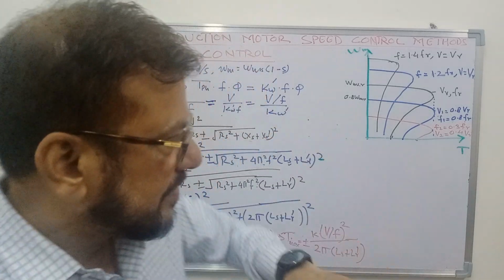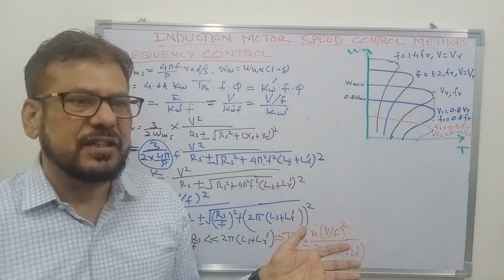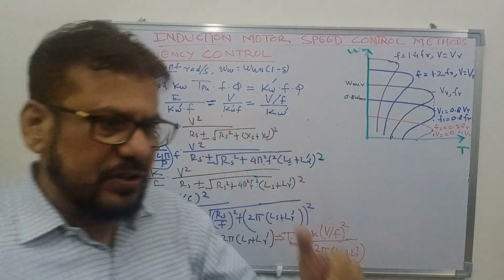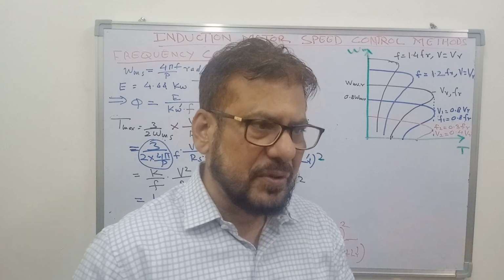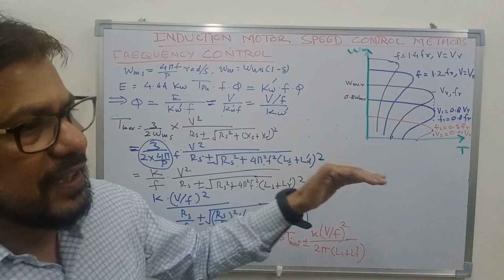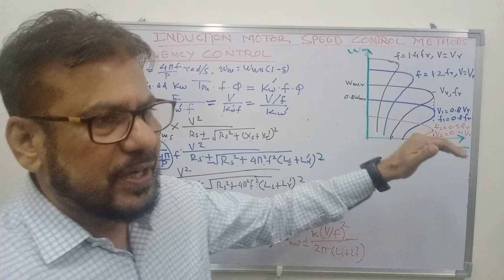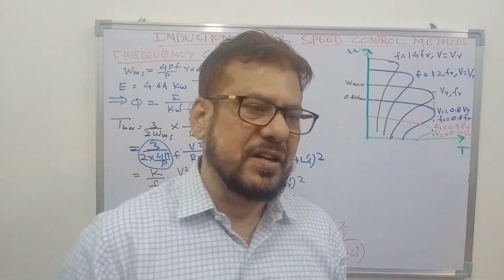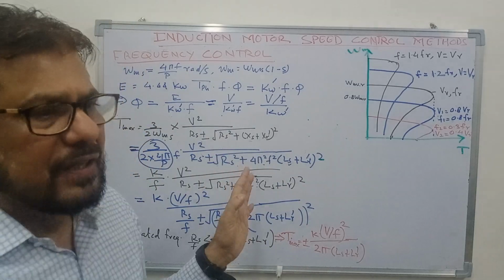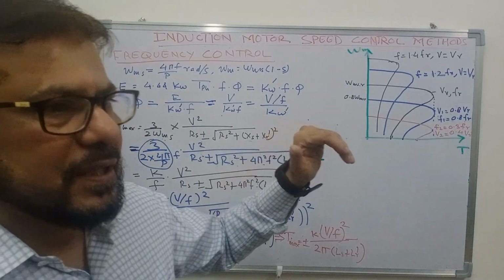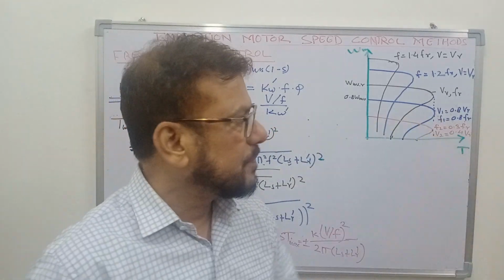This means that there is an excellent method of starting the induction motor. You reduce the frequency and voltage also to some extent. That will increase the starting torque, but it will decrease the starting current. So when we are having this V by F control facility, then you can start the induction motor like that.